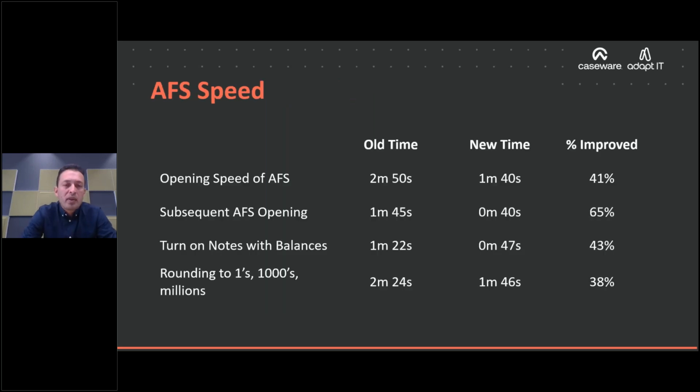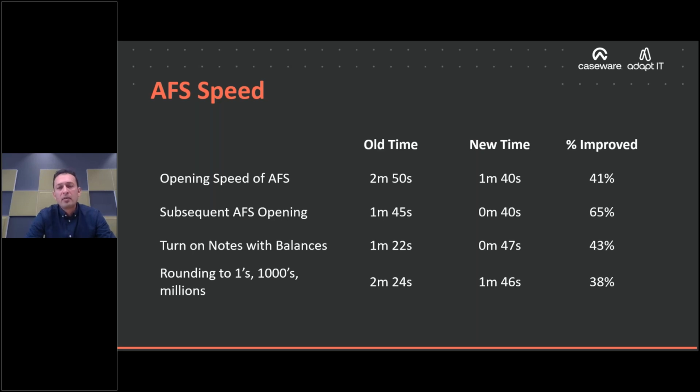Then I think with regards to the specific improvements that we made with regards to speed, one of the things was the CV database where we reduced the size, which had a knock-on effect of increasing the speed in the financial statements. But further to that, we also looked at the on-opening script of the financial statements in particular.